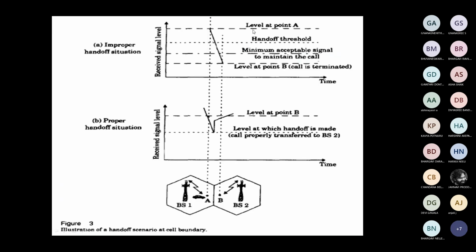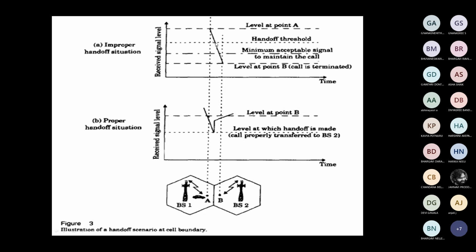The same thing I'm explaining here. See this one. This is the level at point A, the handoff threshold, the minimum acceptable signal to maintain a call, and the level at point B. Whenever the mobile unit reaches point A, it has better, high signal strength. After point A, we go to the handoff threshold value.